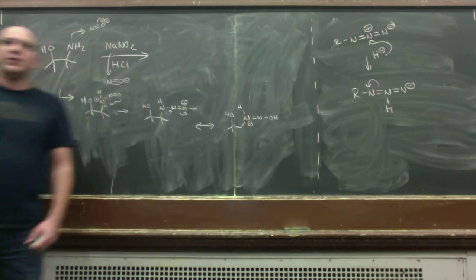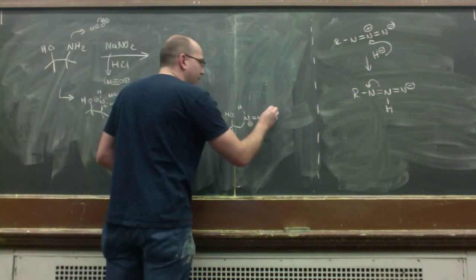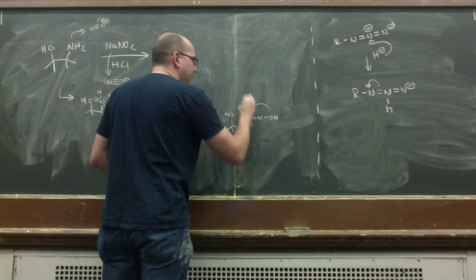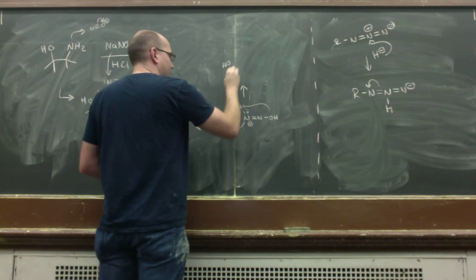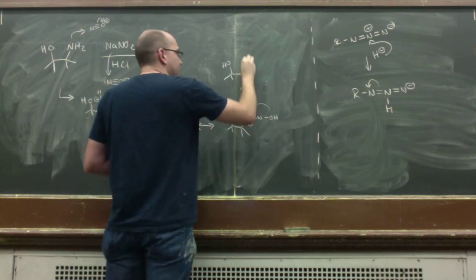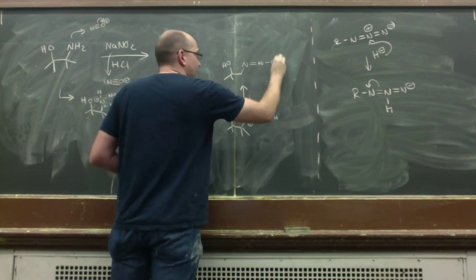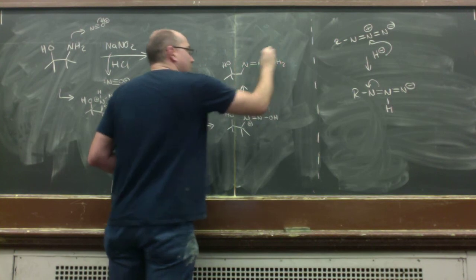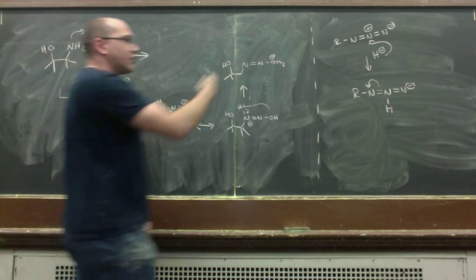So you basically see what I've done. I've pushed a resonance form, pushed that positive charge over onto the nitrogen. Again, then we're going to get another proton exchange. And then this is where we finally get to that key diazonium species, where now we're going to actually lose water.